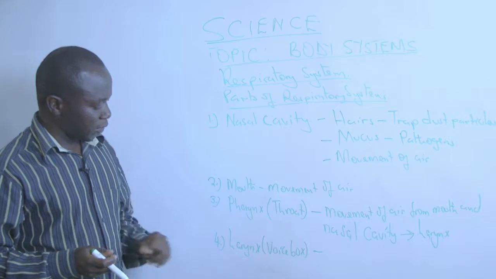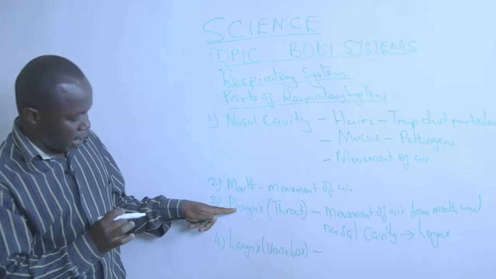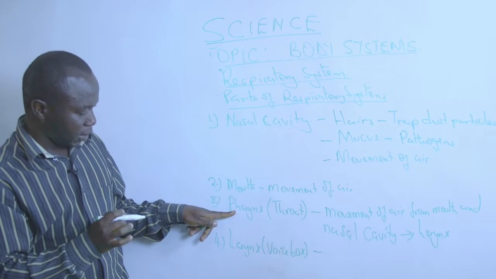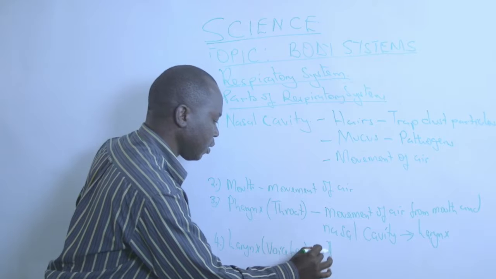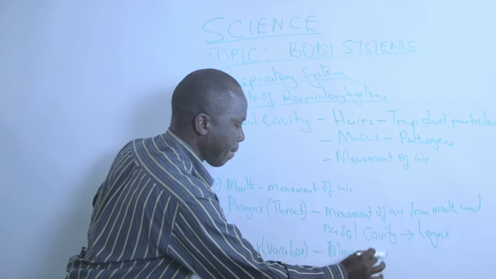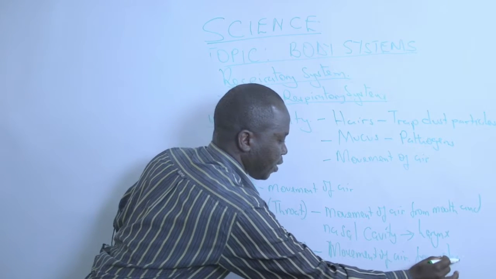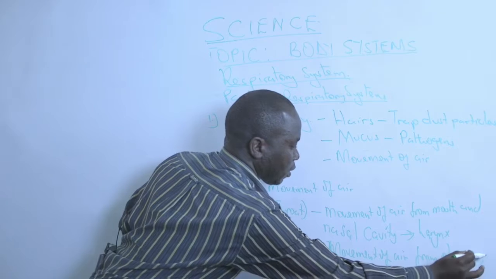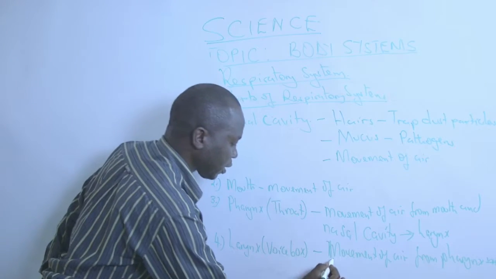As a respiratory organ, it mainly allows movement of air from the pharynx into the trachea.